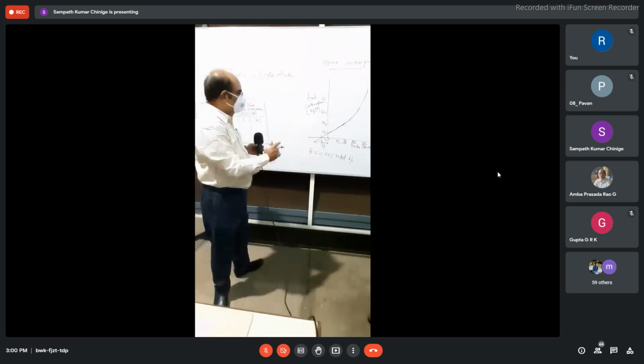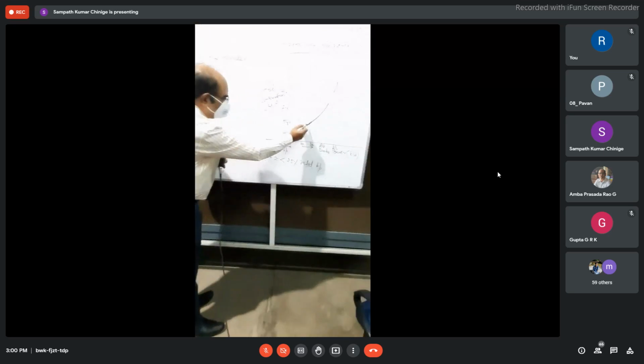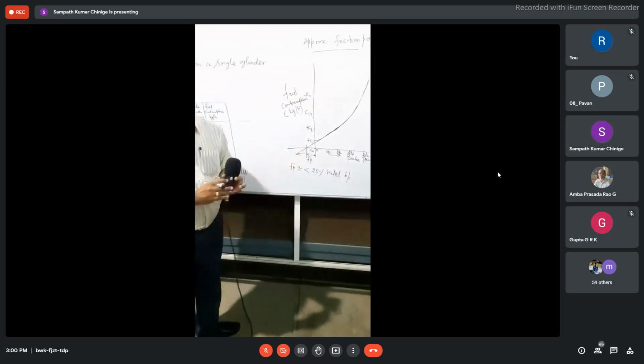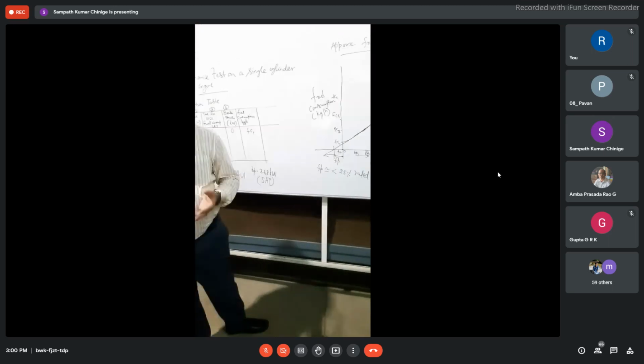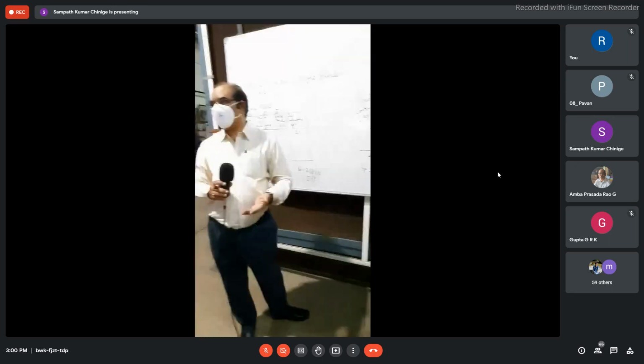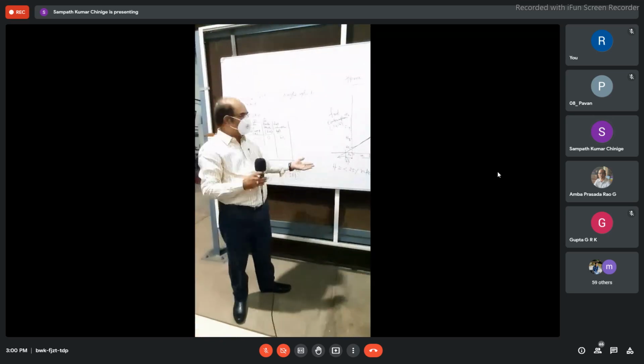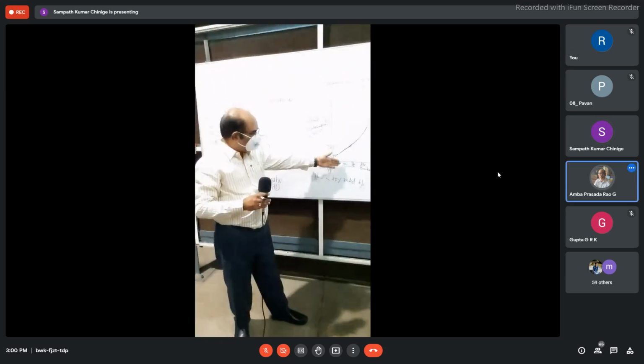Suppose this linear portion of the curve extends here, so this is almost half of the brake power. Are we ready to sacrifice friction power to the tune of 50% of the brake power developed by the engine? No. Similarly, if you draw a tangent, it comes somewhere here.